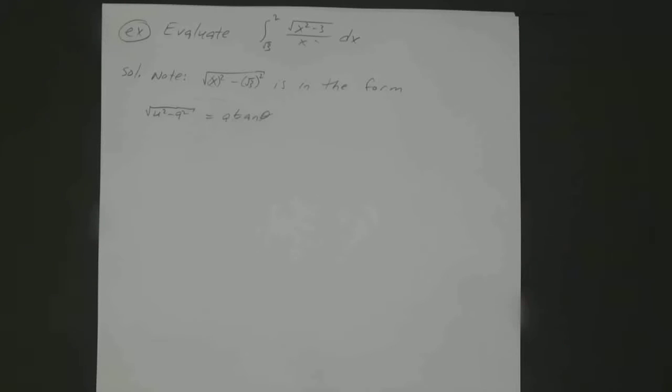Then the square root of u squared minus a squared would be equal to plus or minus a tangent theta. Yeah, u equals a secant theta, and the whole square root is equal to plus or minus a tangent theta.